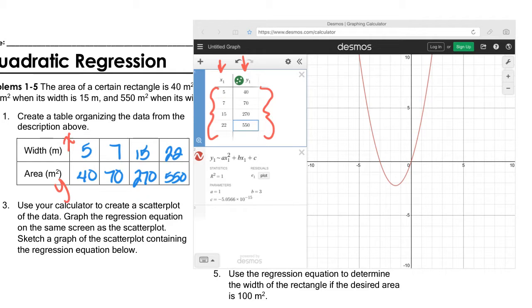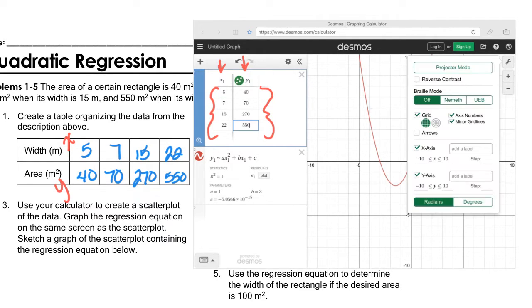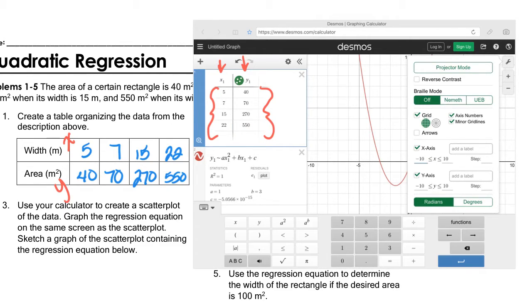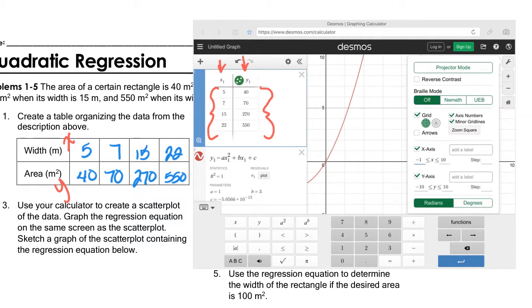So I'm going to come right up here to the little wrench, and where my x-axis is, I'm going to change that from -10. Since my table starts at 5, I'm going to start at 0, just a little bit behind my table. And my table ends at 22, so I'm going to end my x values at, let's say, 25.